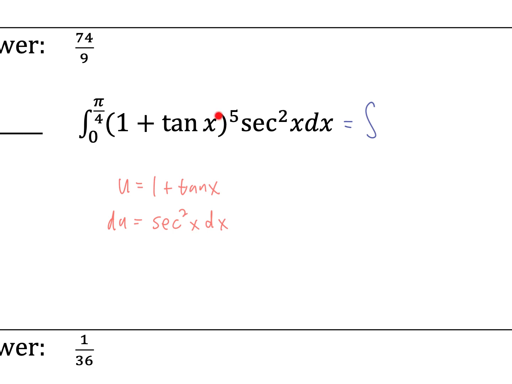So u is 1 plus tan x, so this is u to the fifth. And then du is secant squared x dx, so this is du. So u to the fifth du.